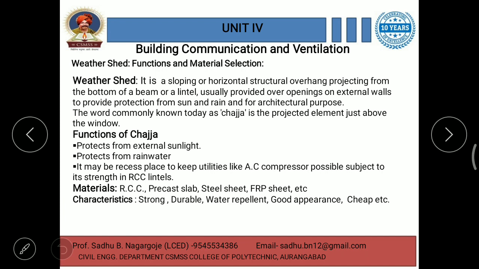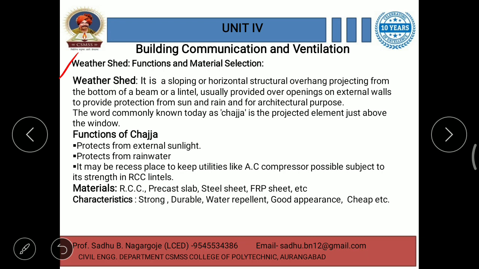then another point which is very much close to the lintel is weather shade. Weather shade is a sloping or horizontal structural overhang projecting from the bottom of a beam or a lintel, usually provided over openings on external walls to provide protection from sun and rain and for architectural purpose also.